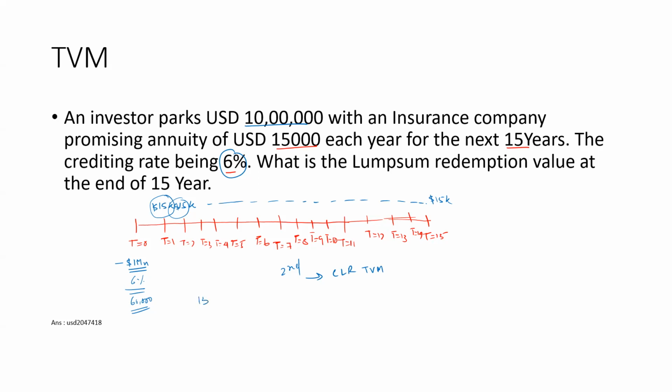First and foremost, write 15 and then press N and then press enter. Have you done that? Somebody please confirm. Yes, sir. Then write 6, then press I/Y and then press enter.